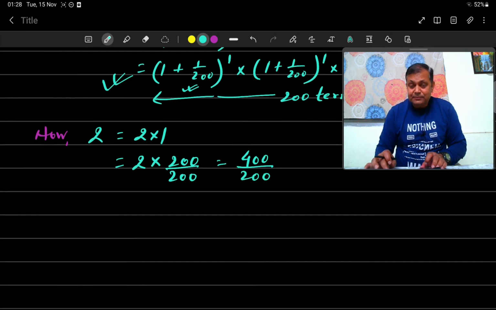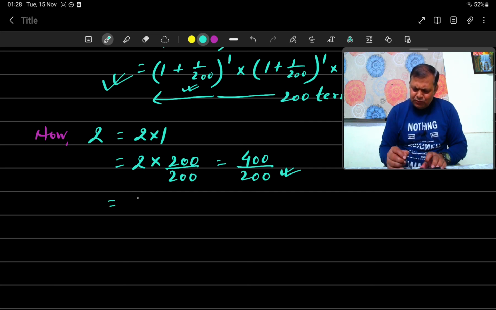Now the most important point is that you can write this expression as factors of 200 terms, and that is why this question has been asked in the Olympiad. So how will you do it?